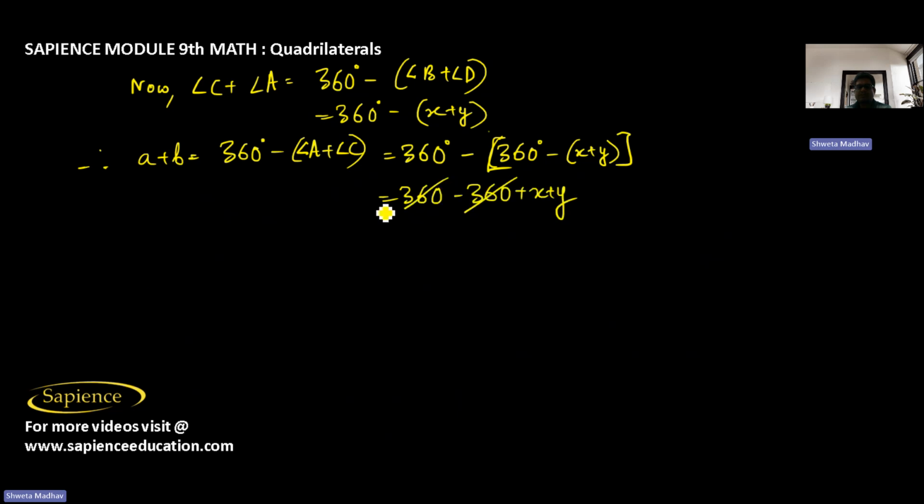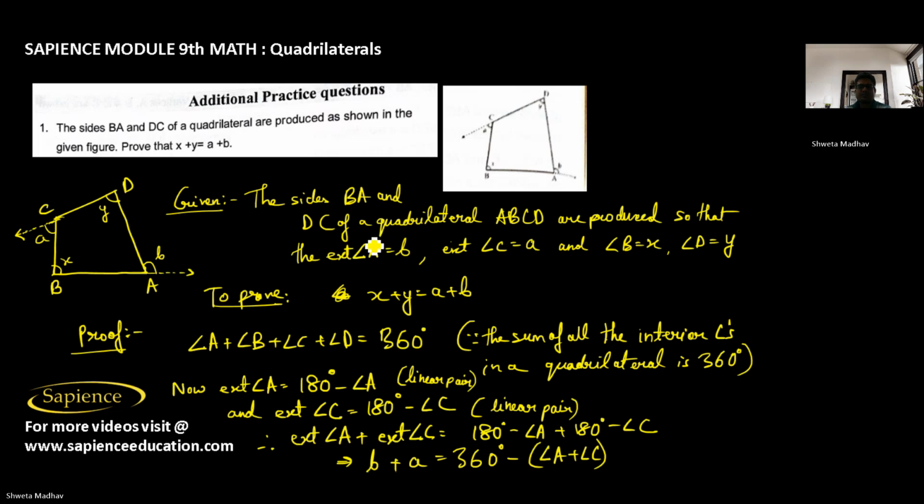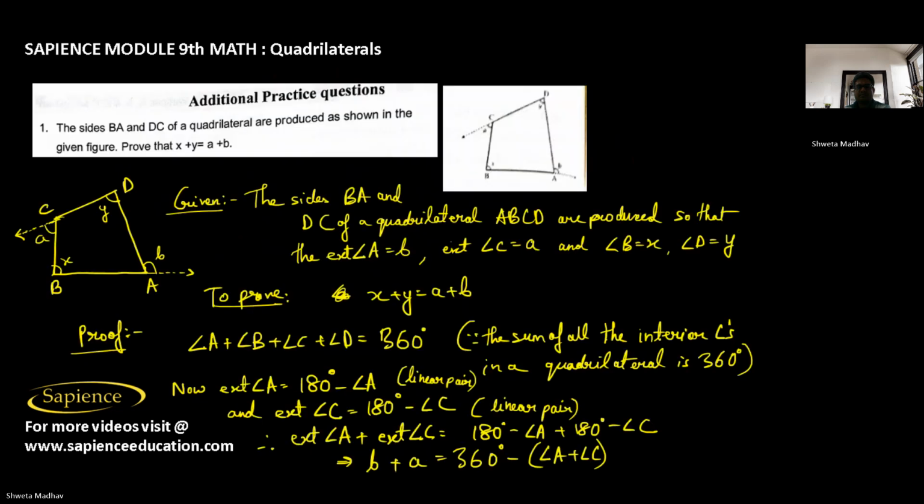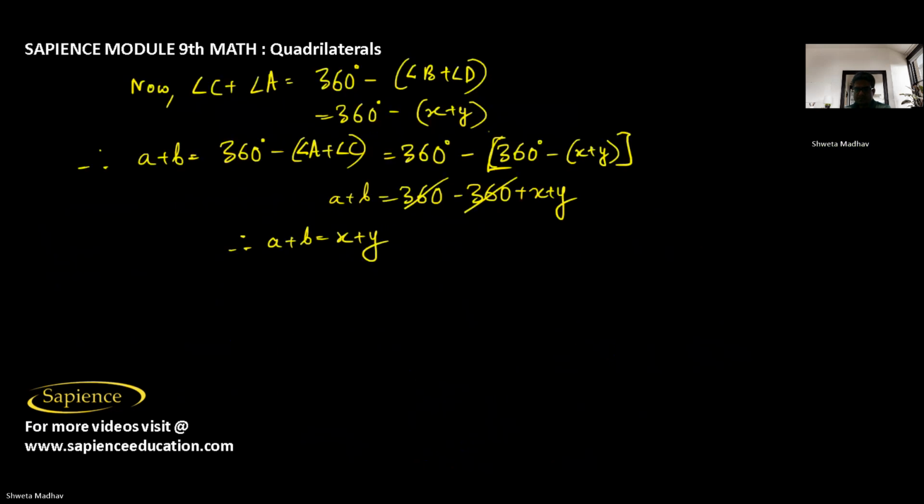These two get cancelled. So A plus B will be equal to x plus 1. Hence proved.